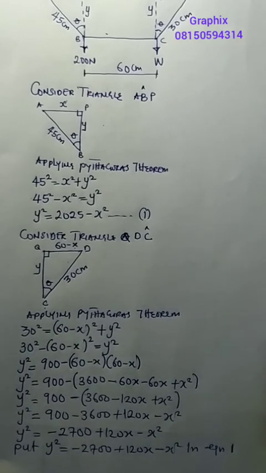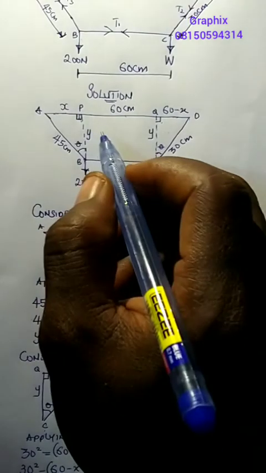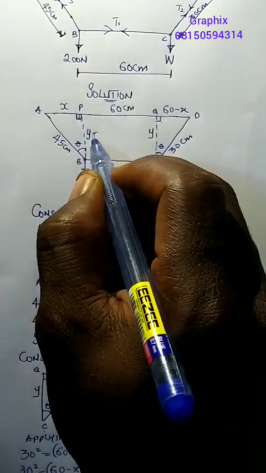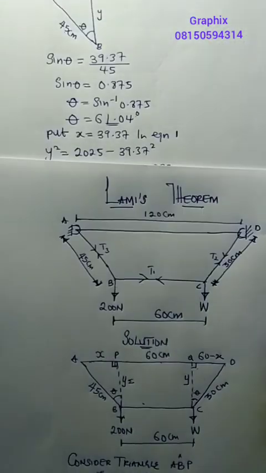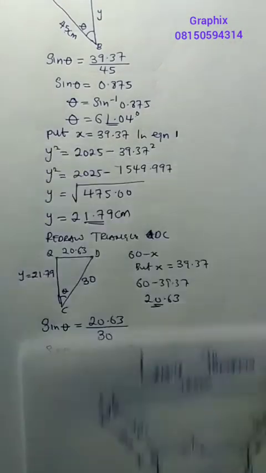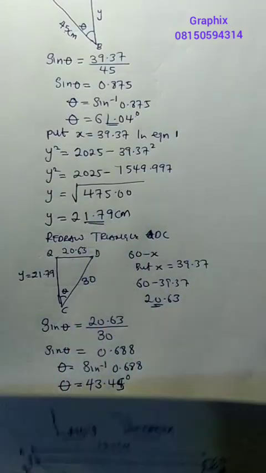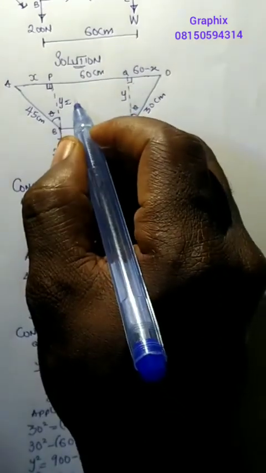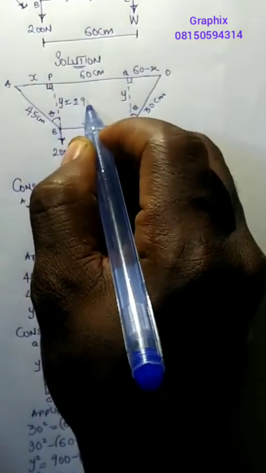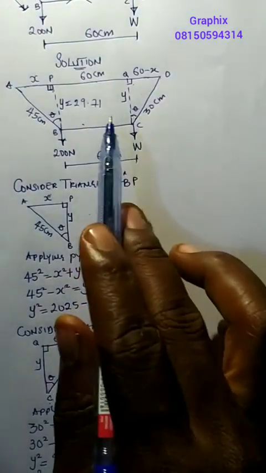So from here, we have our y at this point to be equals to, first what we calculated for is this. Our y is 21.79 centimeter. So I'll put it, y is 21.79, right, and it's equal on both sides.